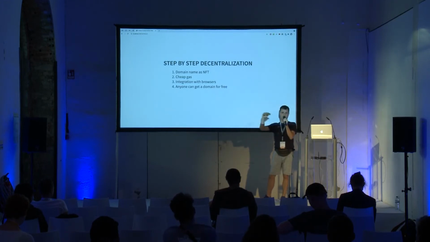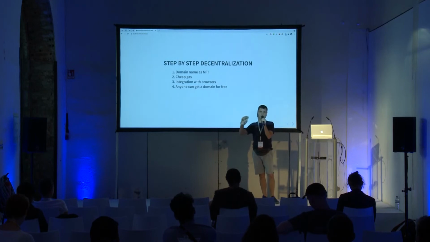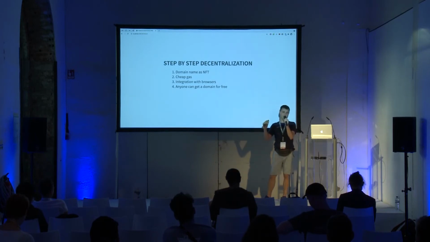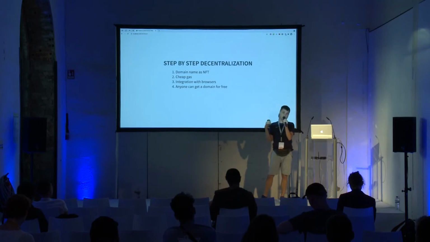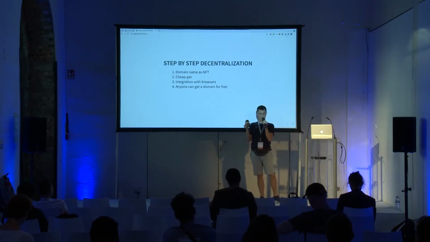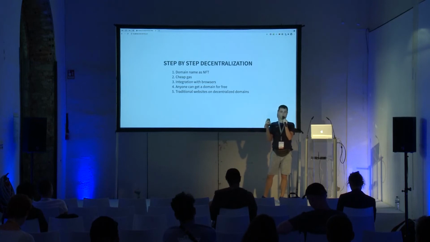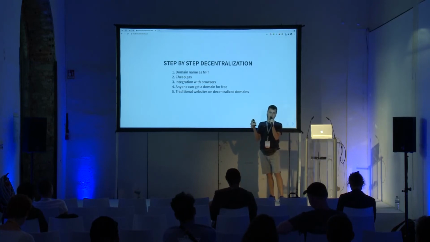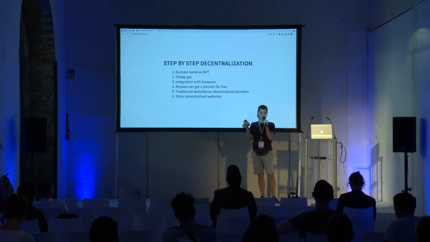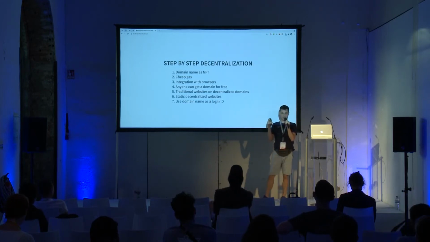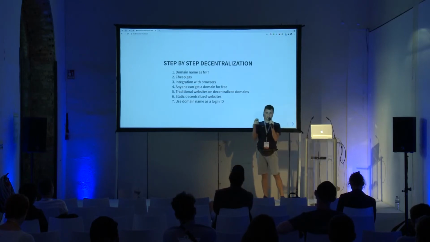We want every single person on the planet to get a domain for free, which is not currently a thing because of high gas prices, but we are working towards that. And then traditional websites on decentralized domains, right? Then static decentralized websites, and in the end, use domain name as a login ID.